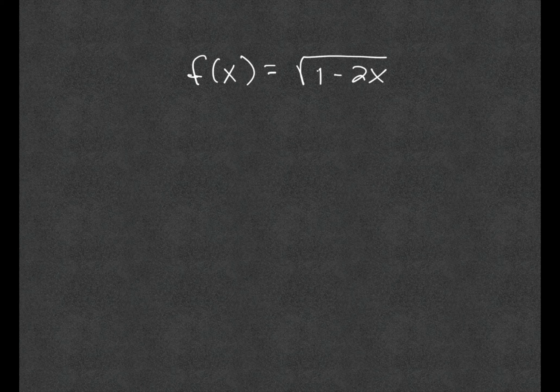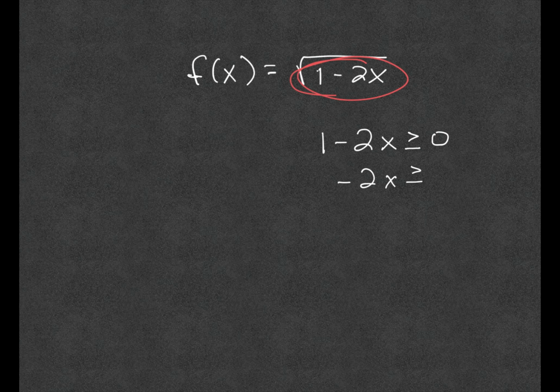So now what you want to do is take that underneath the square root, 1 minus 2x, and make it greater than or equal to 0. So I'm going to have negative 2x greater than or equal to negative 1. Divide by negative 2.